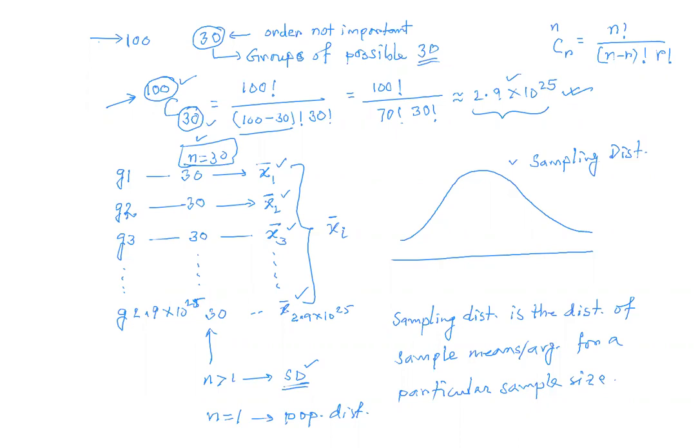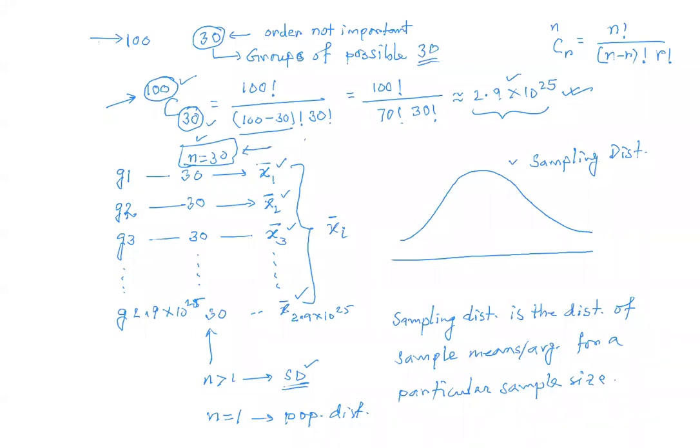So this is what a sampling distribution is. A sampling distribution is the distribution, or the shape or graph, of all the possible samples that you can get from a population with a particular sample size. Now, I have selected n equal to 30.